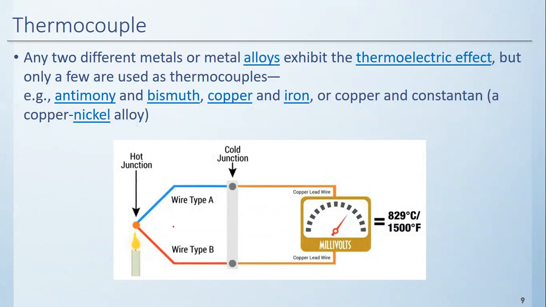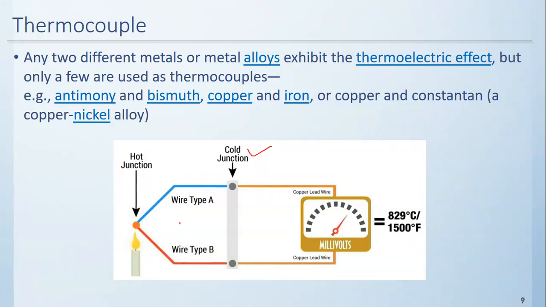Okay, so this is a figure. You have two wires. One is wire type A, which is made of one metal, and wire type B is made of another metal. These two wires are in contact with a cold junction whose temperature is known. The other end is in contact with the hot body.